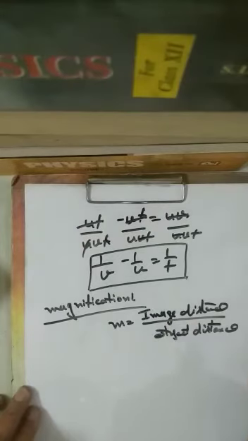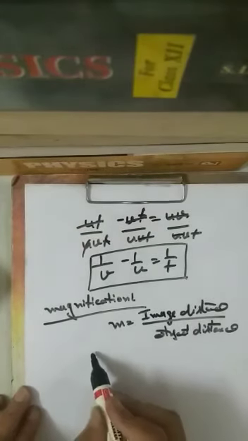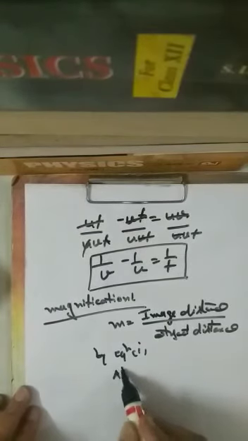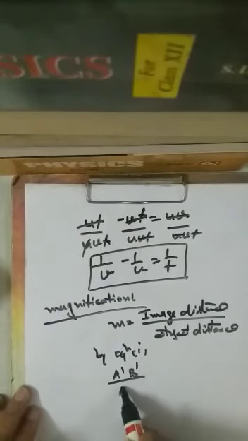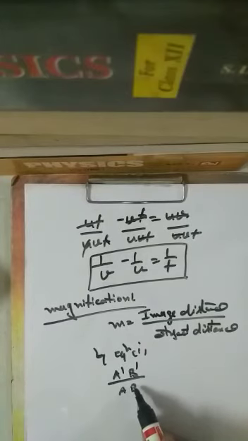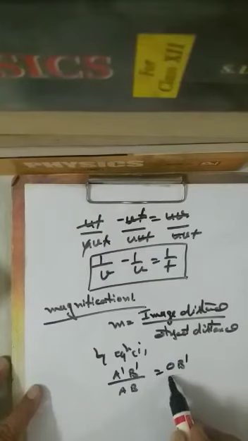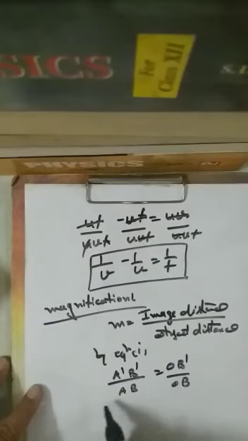M is equal to image distance to object distance. By equation 1, A dash B dash upon AB is equal to O dash B dash upon OB.